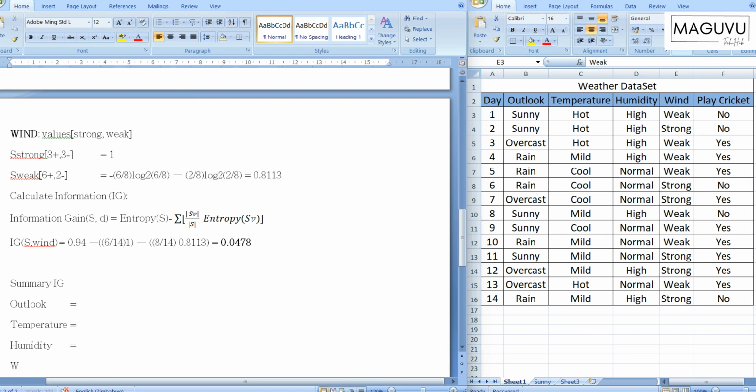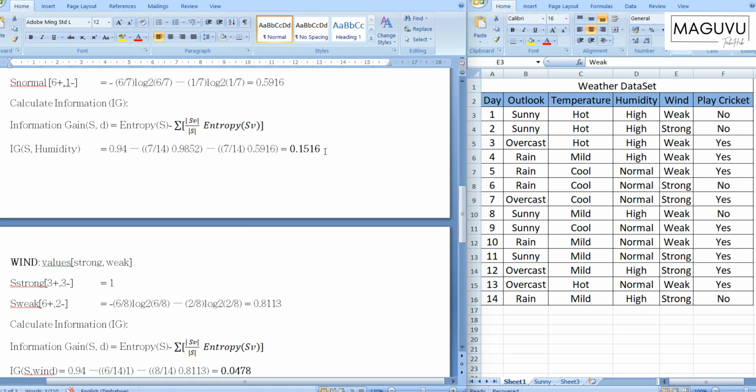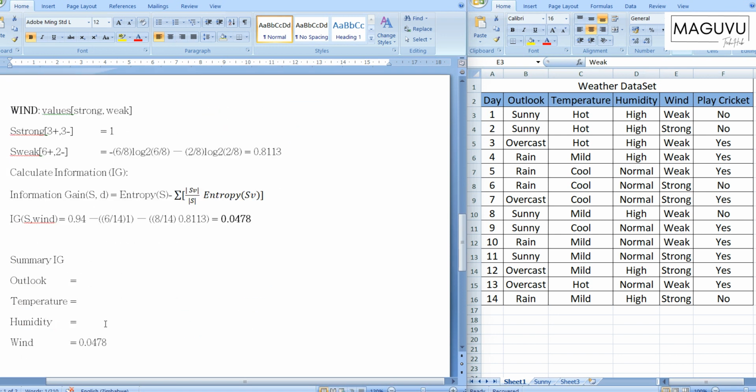Then lastly, we will consider the information gain of wind. So let's go ahead and take the values there. This is the value of our wind. Let's look for information gain for humidity. Temperature.